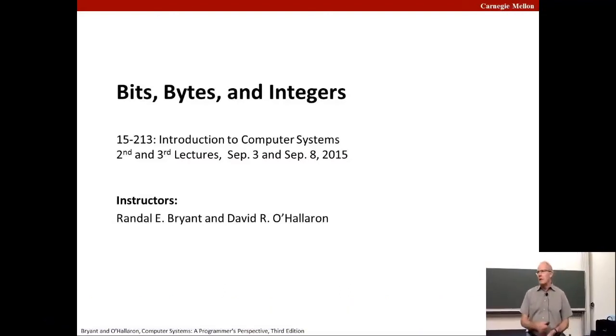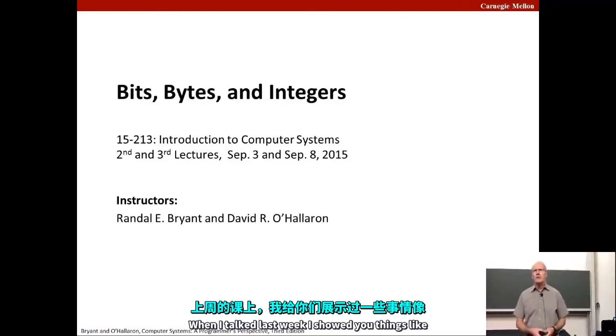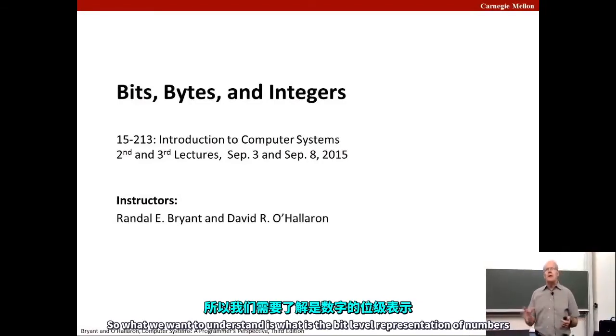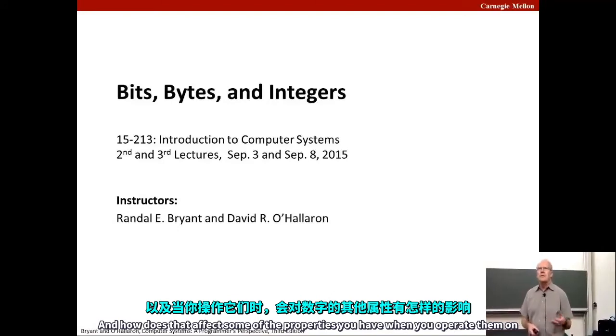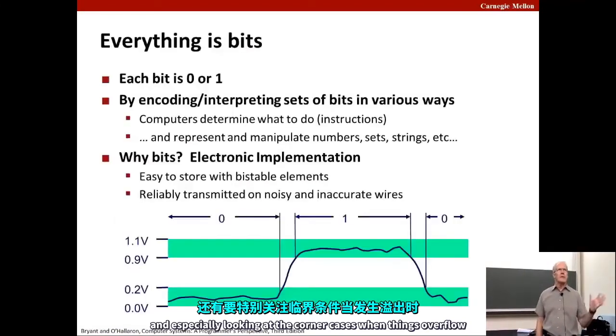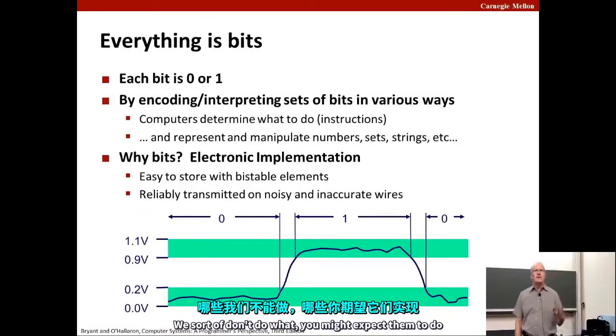When I talked last week, I showed you that you can multiply some positive numbers together and get negative results. So what we want to understand is what the bit level representation of numbers is and how it affects the properties you have when you operate on them, especially looking at the corner cases when things overflow or don't do what you might expect them to do.